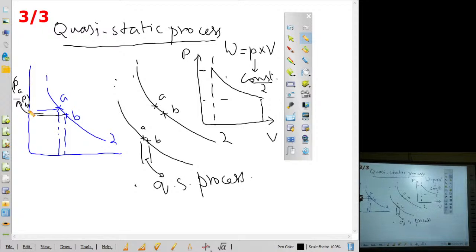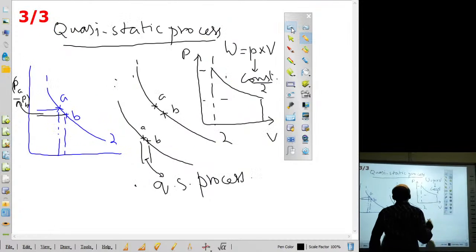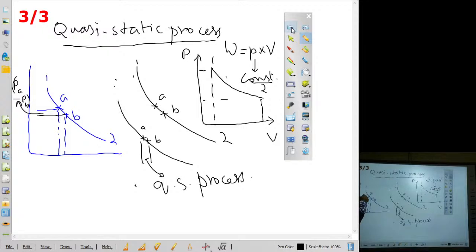Now if you compare this PA minus PB to the total pressure, this value is so small that if you put it in the equation or don't put it, nothing will happen. You will still get the same answer. That is why we say that the difference in pressure between A and B is negligible. Negligible difference means constant pressure. So when pressure keeps changing, the difference in pressure for a quasi-static process is so small that we can neglect it.